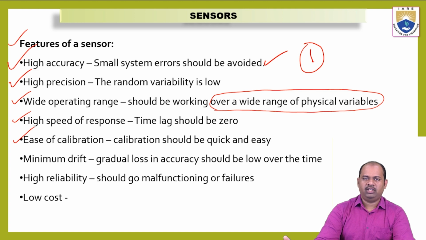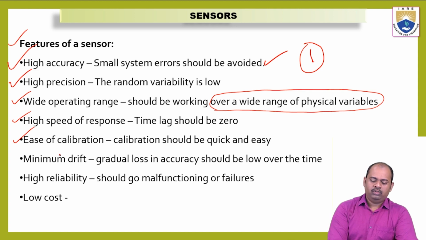We have to check whether the sensor is actually measuring the predefined value. This calibration should be done for every sensor which is placed on any machine. So the calibration should be easy and quick. We should not take more time for calibration.